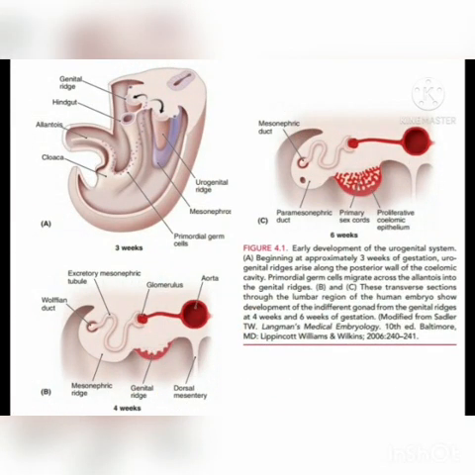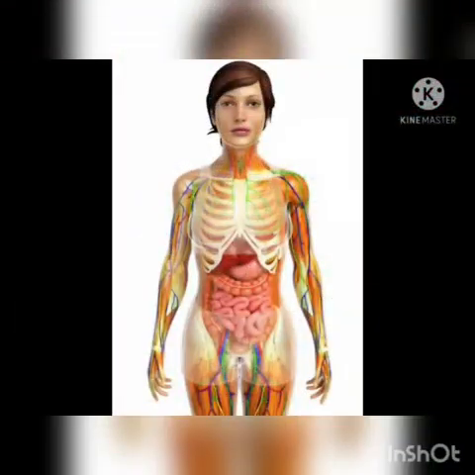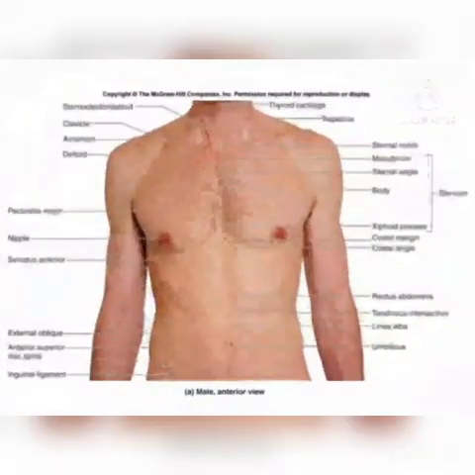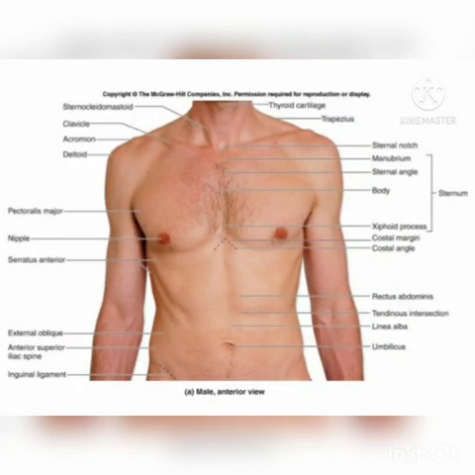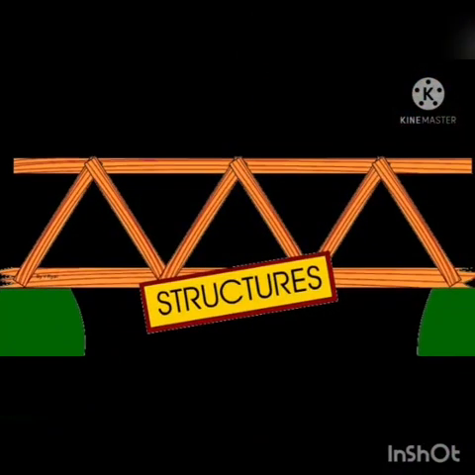Of course, one more interesting aspect of anatomy is surface anatomy. What you are able to see here is that you can appreciate the structures within our body on the surface itself.